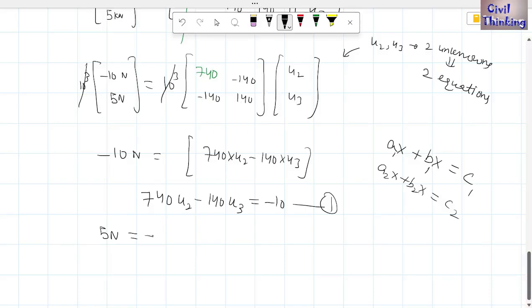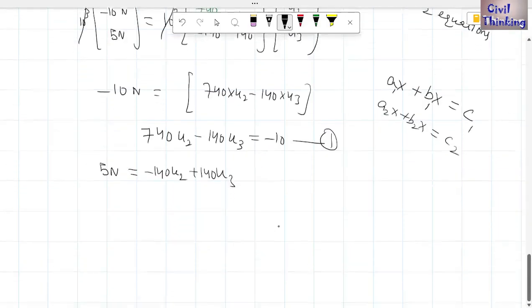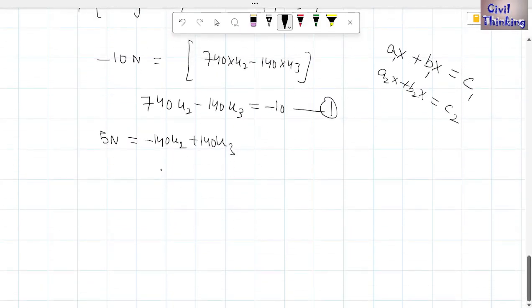Now let us put it in standard form: minus 140 u2 plus 140 u3 equal to 5, right? This is our second equation.